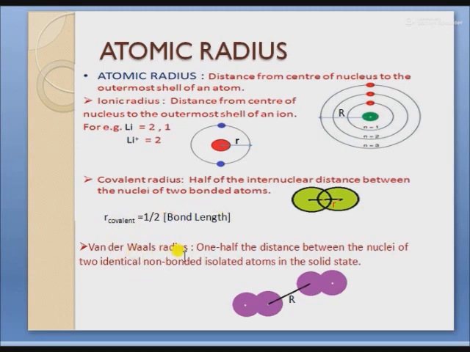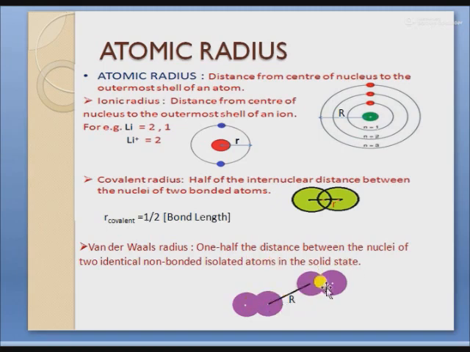Next is the van der Waals radius. Van der Waals radius is one half of the distance between the nuclei of two identical non-bonded isolated atoms or molecules in the solid state.